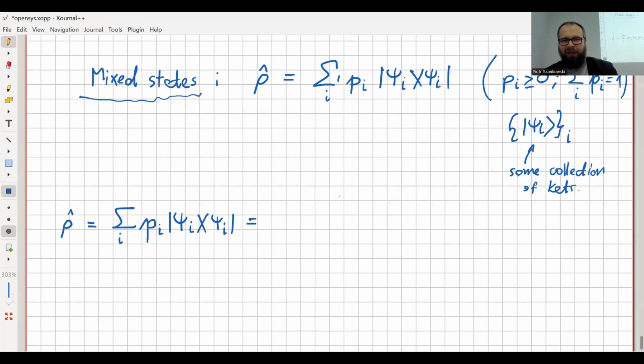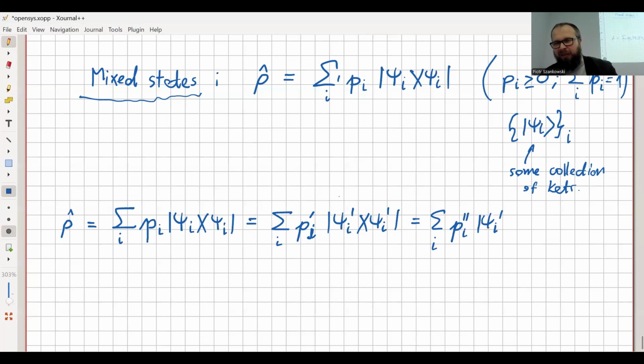There's also a representation where you can write it with some p prime and some different collection of projectors. And there's a third option, p bis, psi bis, and you can go to infinity.